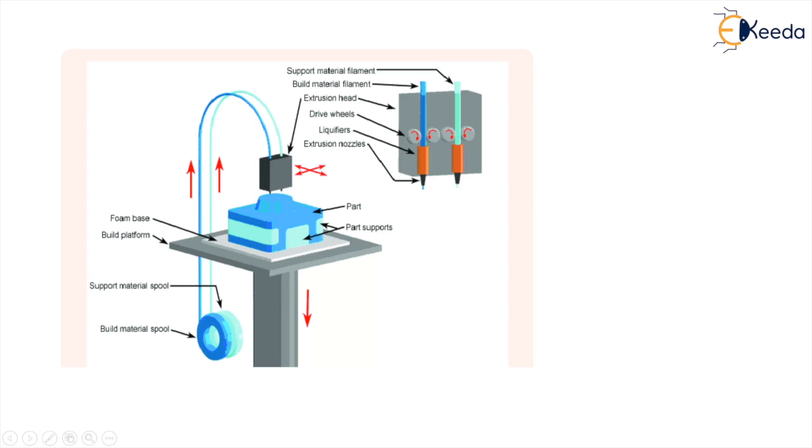This platform goes down and down as we make the part layer by layer. We started from this base, adding material. As we go on adding material, this platform gets lower and lower. So this is the fused deposition modeling technique.